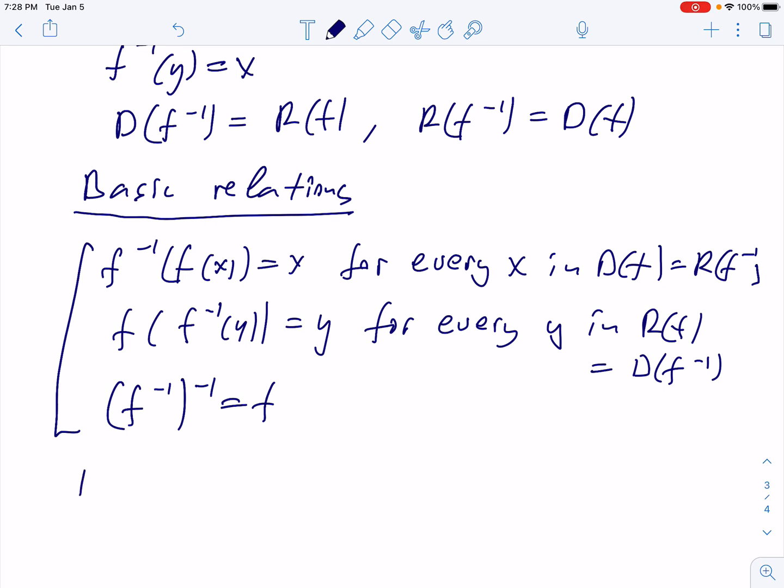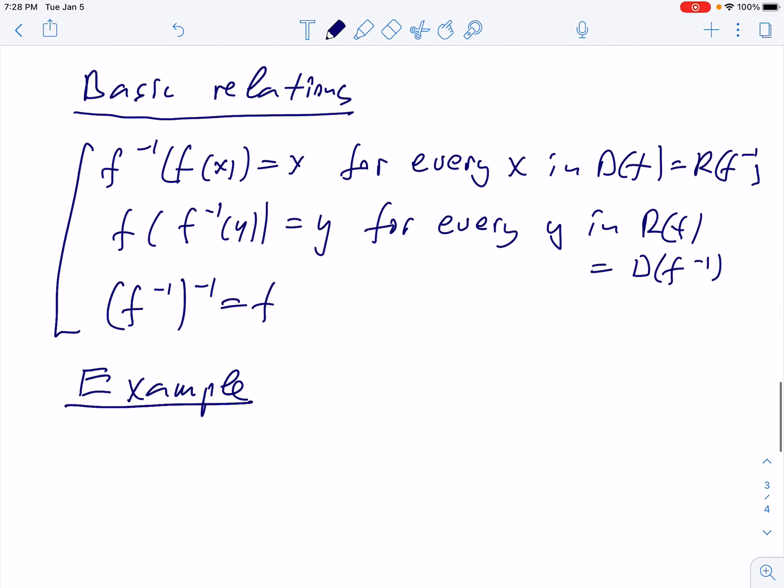Here is one example. Given is the function y equals x plus 3 over 2x minus 5.